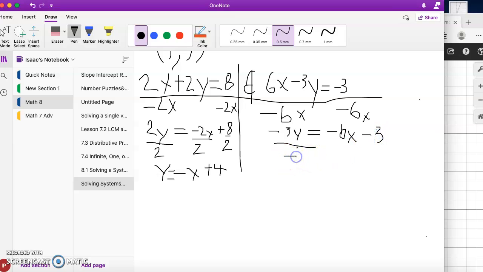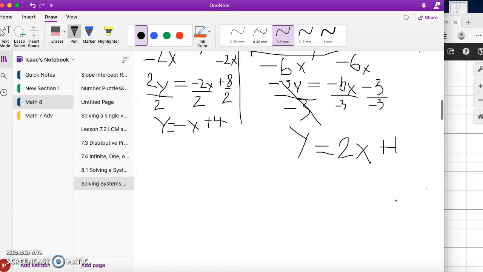Now I'm going to divide everything by negative 3 to get rid of that negative 3 that's multiplying the y. So these negative 3's cancel. Y equals negative over negative equals positive. That's positive 2x plus 1.